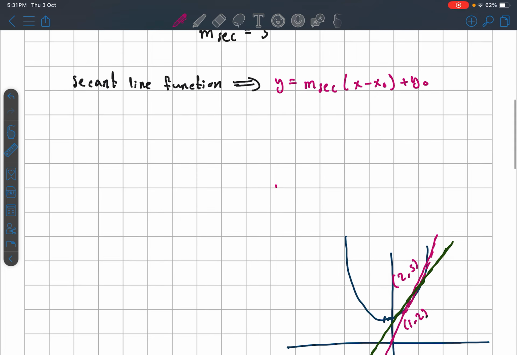So y equal, m secant is 3. Let's take the point (1, 2). So y equal 3 times (x minus 1) plus 2.